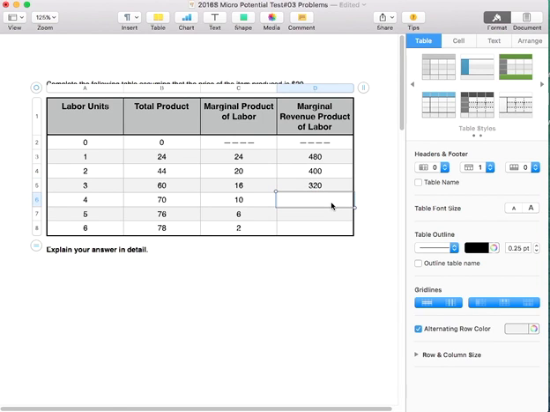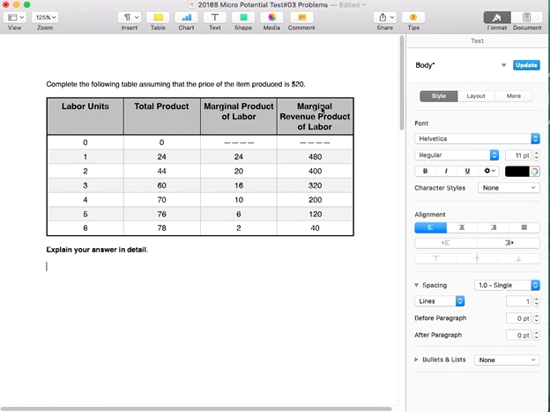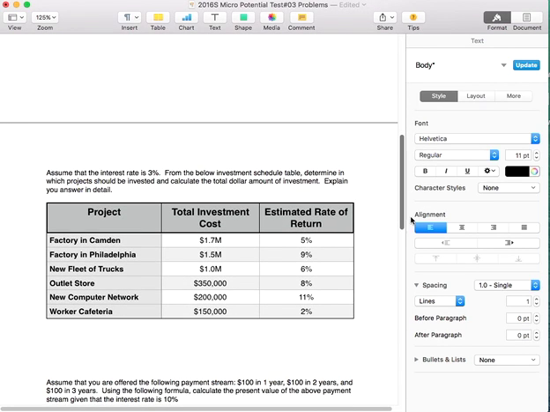We have 10 times 20, which is equal to 200. 6 times 20 is equal to 120, and 2 times 20 is equal to 40. So make sure you remember that the marginal revenue product of labor is just the marginal product of labor multiplied by the price.